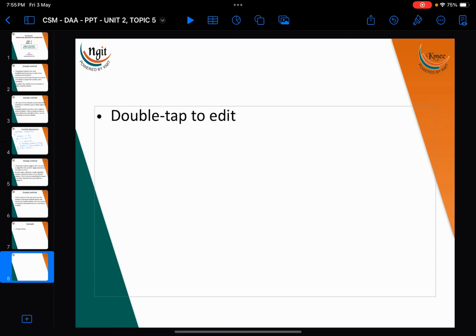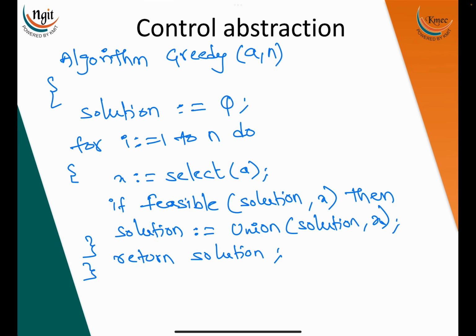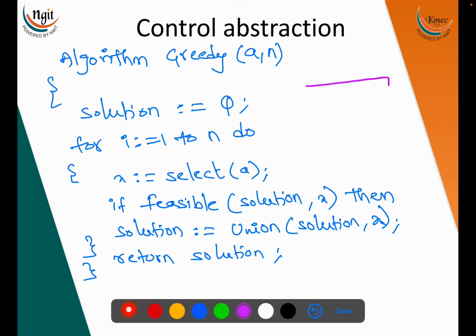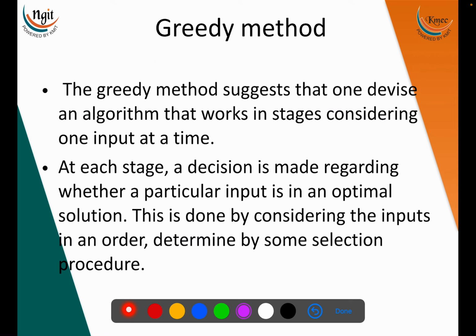That's what we were seeing in this algorithm example. When you are given some number of inputs, we check one by one whether each is feasible. If it is feasible, we add it into the solution. If it is not, we skip it. The index will increase and we take the next number and add it into the solution.